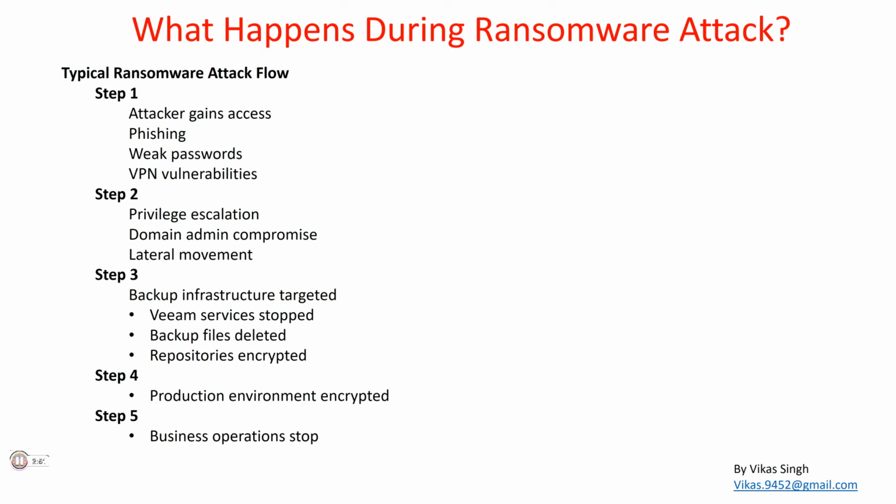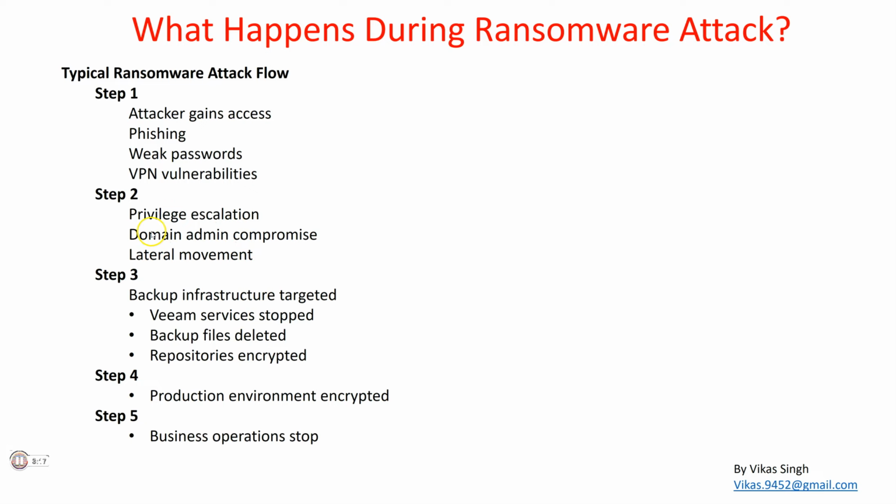Step one, initial access. The attacker first gains access to the environment. Common methods include phishing email, weak password, VPN vulnerabilities, exposed RDP ports, and malware downloads. For example, a helpdesk employee clicks on a malware email attachment. This single mistake becomes an entry point for the attacker.